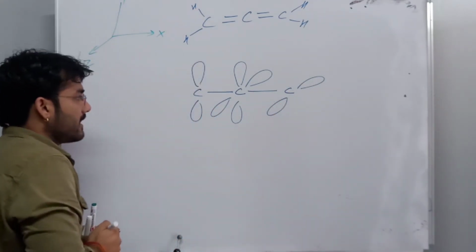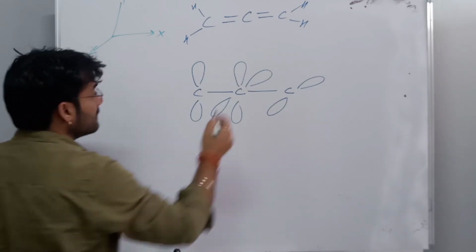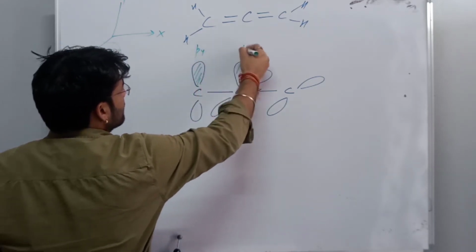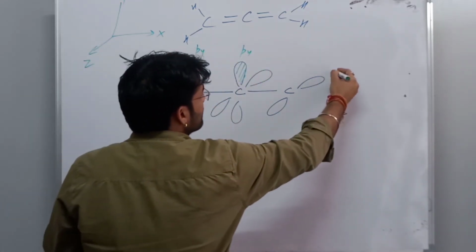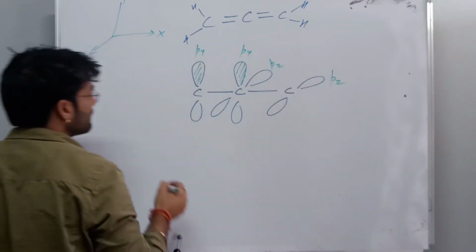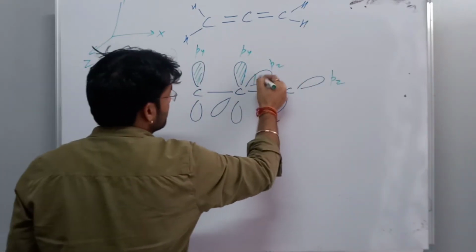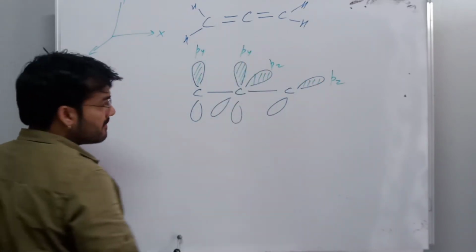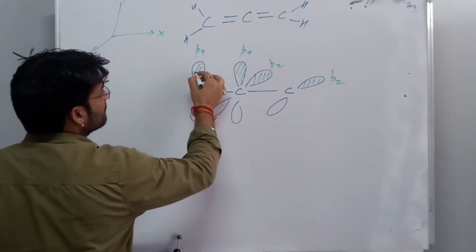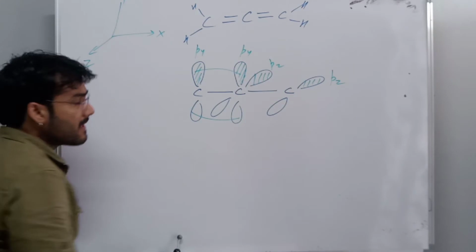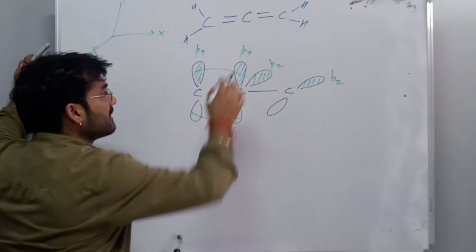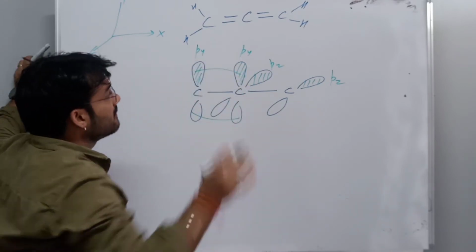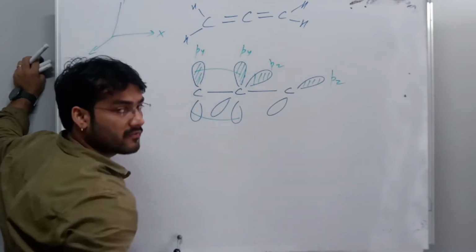Now as you can see, this one is py, this one is py of the central atom, and this one is pz, this one is pz. If this py orbital is forming a pi bond with this terminal carbon atom, then the py orbital of the central atom will not be available for forming a pi bond for the other one.